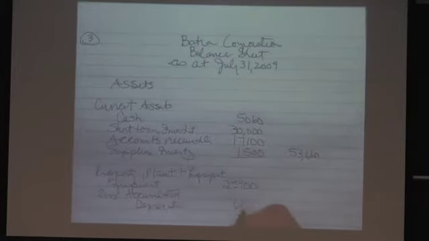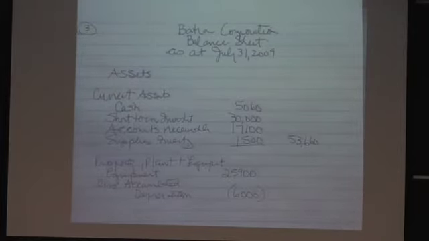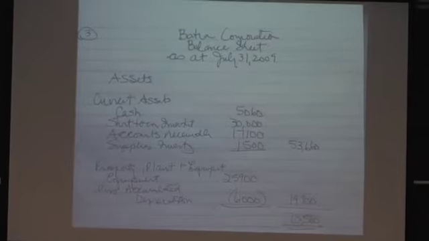And that is a contra, and this account captures how much of this equipment, which is a long-term asset, how much of its usefulness the company has consumed to help generate revenue. And that gives us 19,900. So altogether, the total asset is 73,560. We know from the accounting equation, A equals L plus SE, that total liabilities and shareholders' equity should equal 73,560.